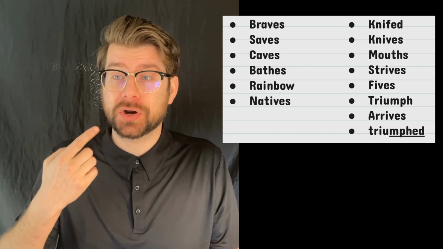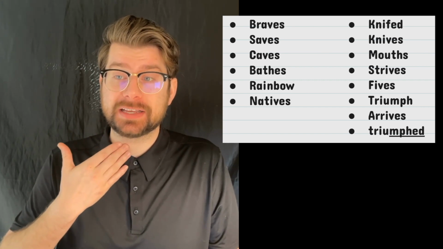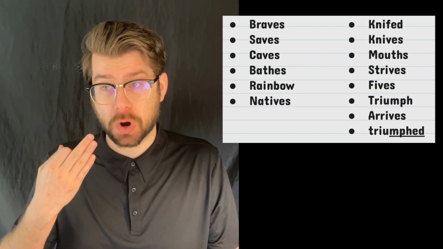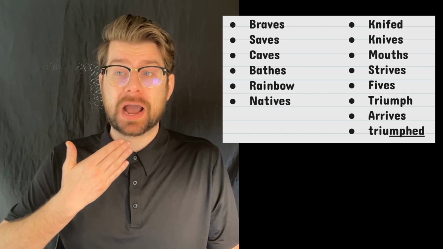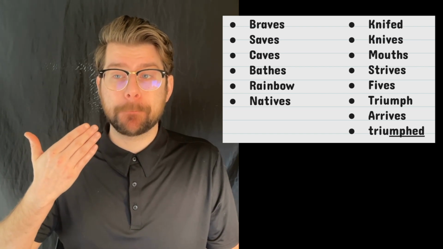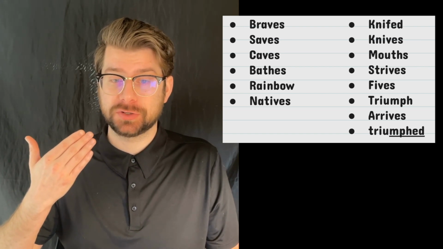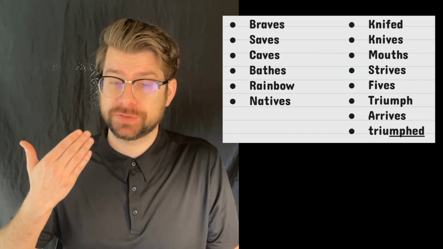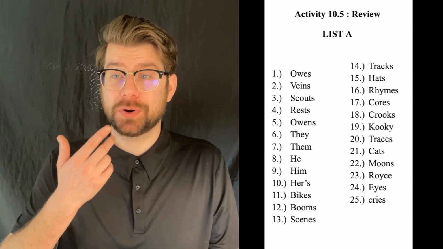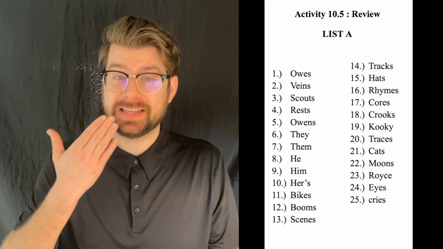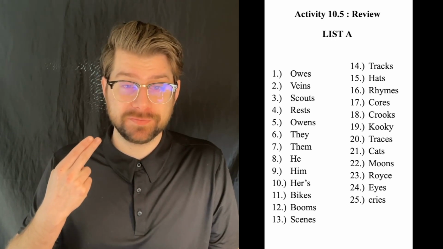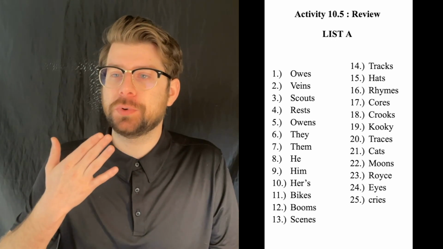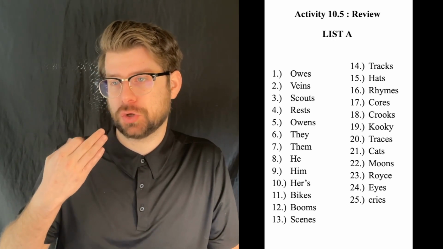Now, the only word I know with 2 flicks in a row, there may be more, but try triumphed. So now we're going to do activity 10.5, which is review of everything we have learned so far.